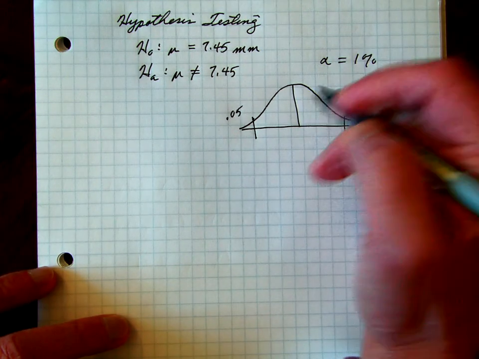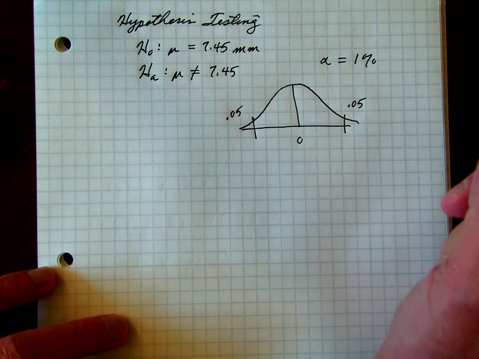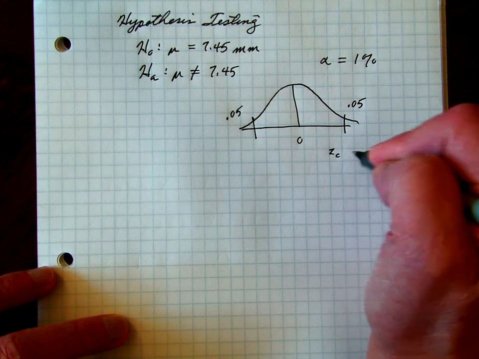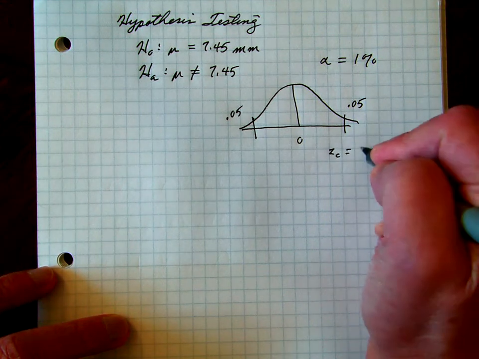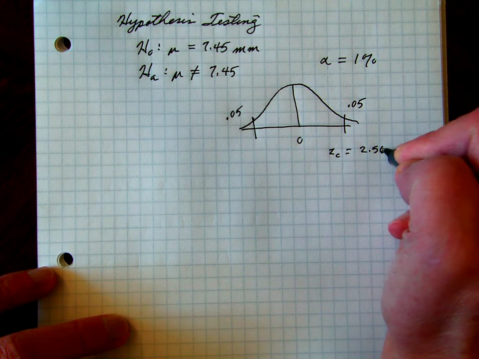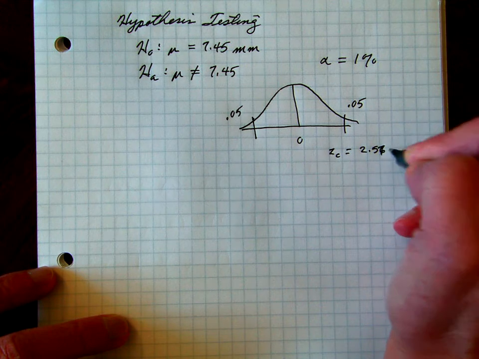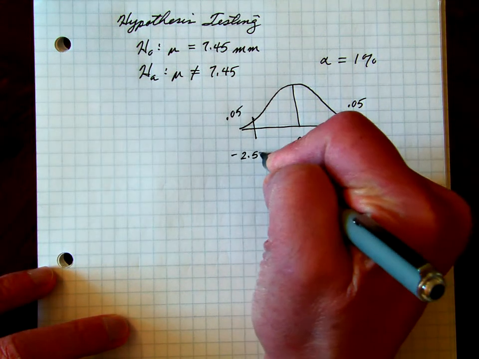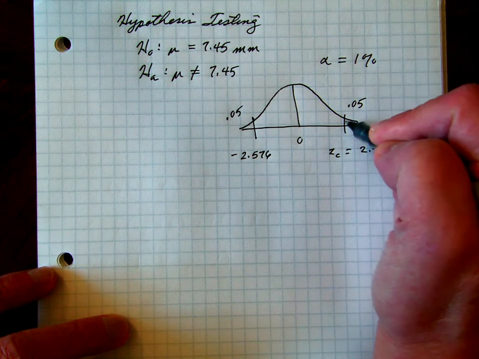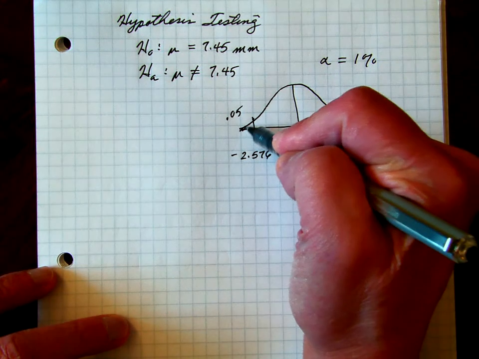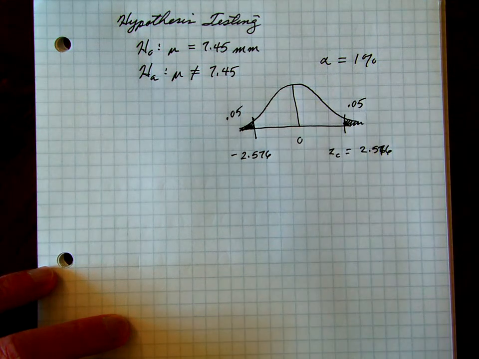And the usual business, 0 for your mean in the middle. And you know what Z critical is. The critical value is going to be 2.576 and minus 2.576. So as long as you're not in this little rejection region at the top and this little rejection region at the bottom, everything should be fine.